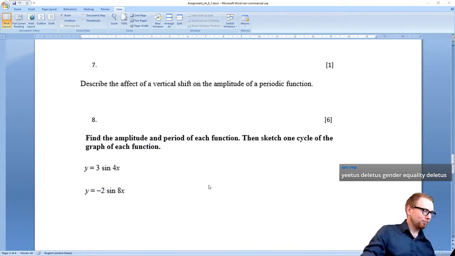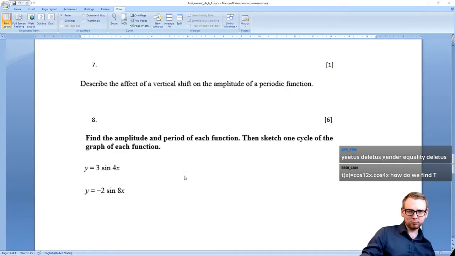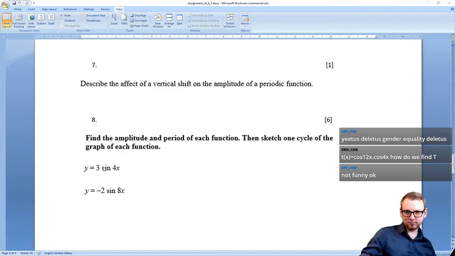Okay. For 7, all you have to do is describe. How do you find the period of the multiplication of those two functions?